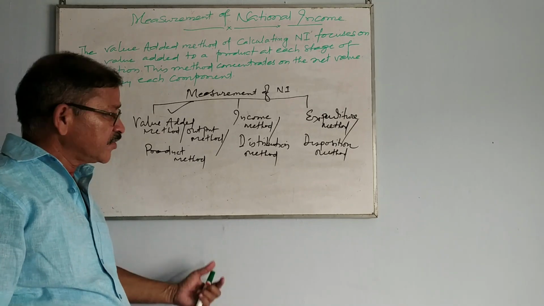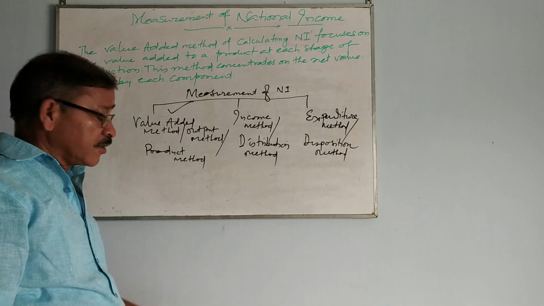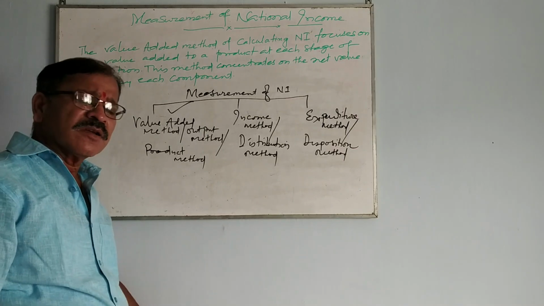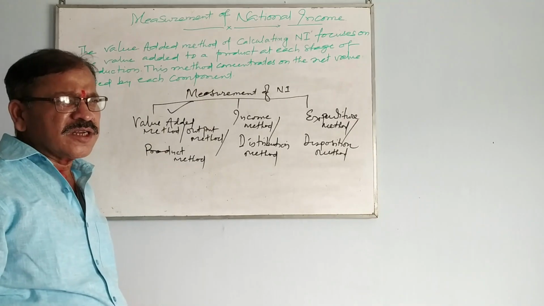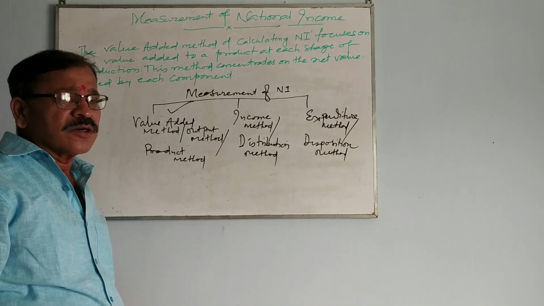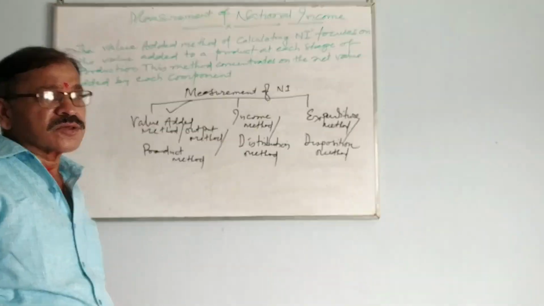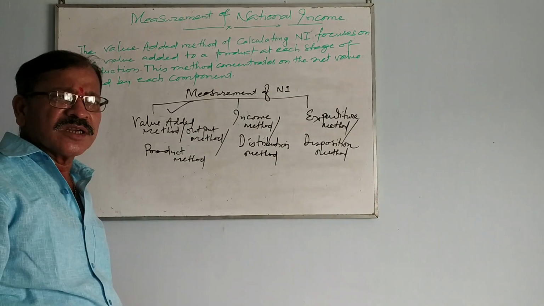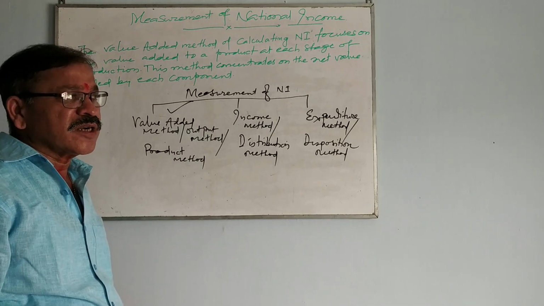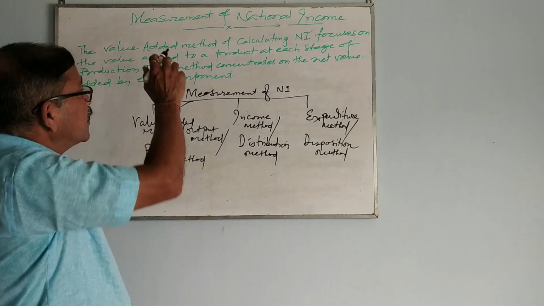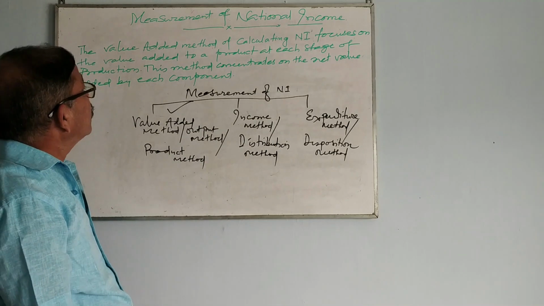Similarly, the method which we are going to discuss, particularly value added method, is very, very simplified. You need not go very deep into the detail so that you get confused. I try my level best to make it a very simplified method by which you can calculate easily. Once again, I read out the definition of value-added method.